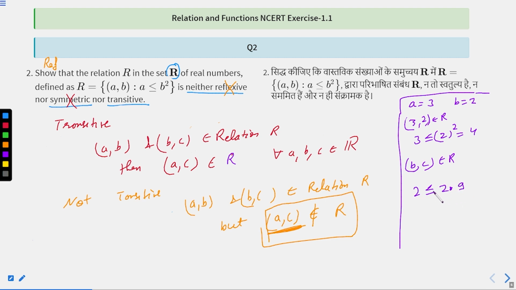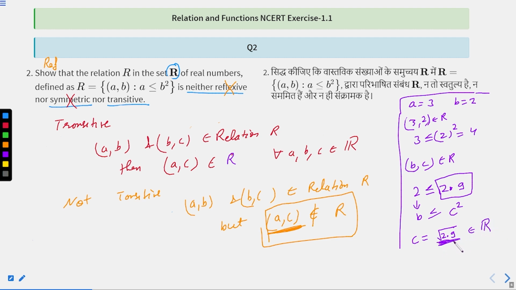So 2 is less than or equal to 2.9, yes, indeed. This is my B, and I am taking this whole 2.9 number as C square. This means C will be root 2.9. Yes, as C belongs to the real number set, this belongs to the real number set indeed.